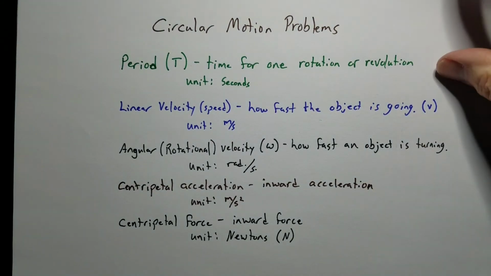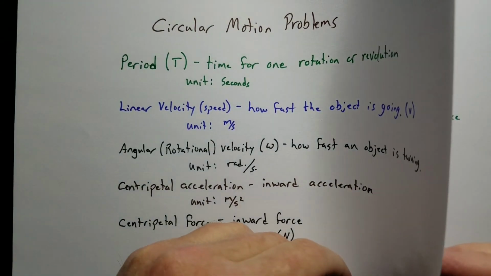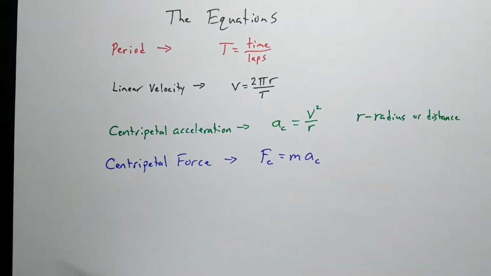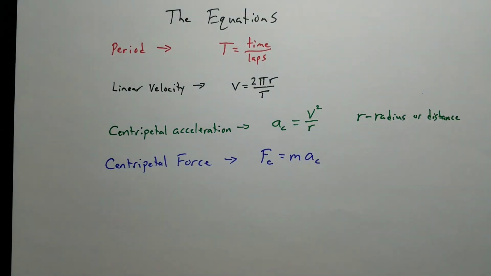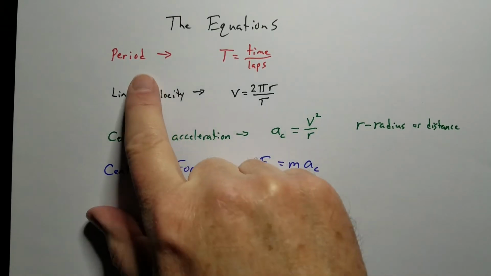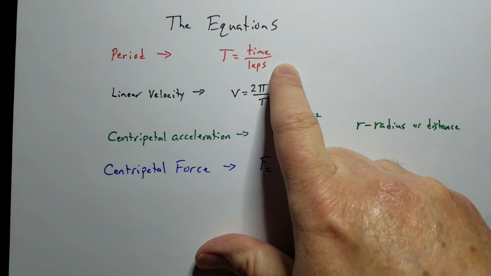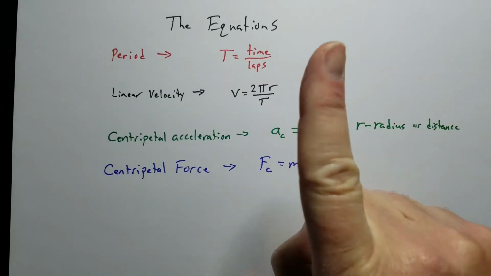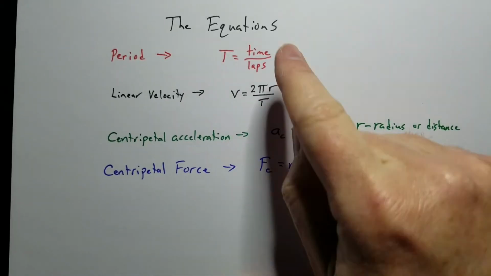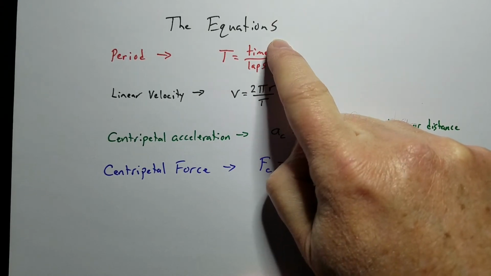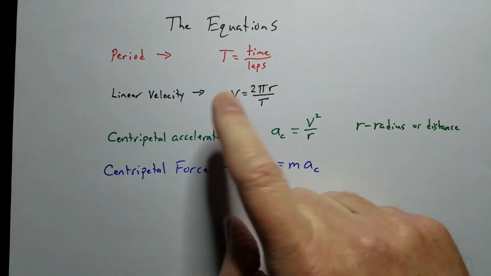So what actual equations are we going to use? It's basically these here. Period is simply the total time divided by total laps, so we want the time to go around once, and we take the time divided by how many times it does it.